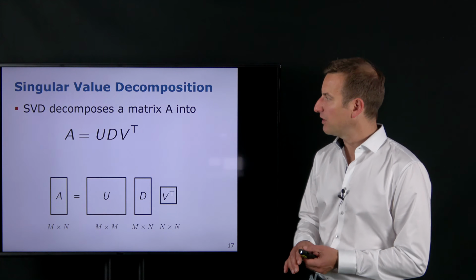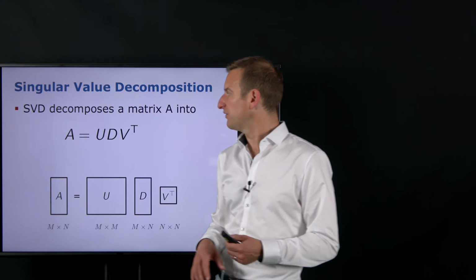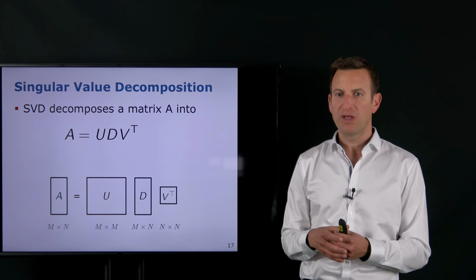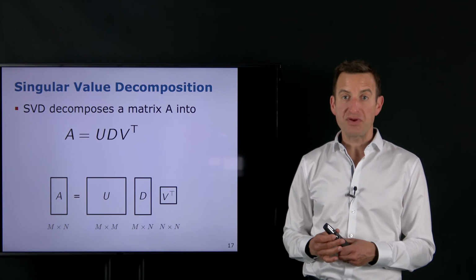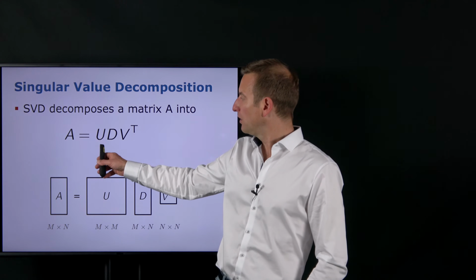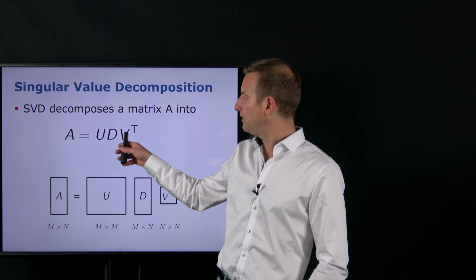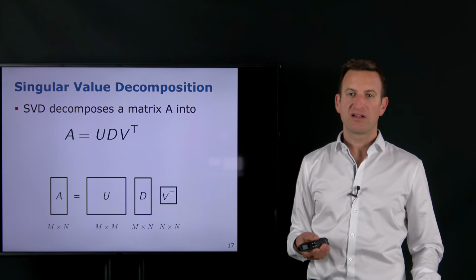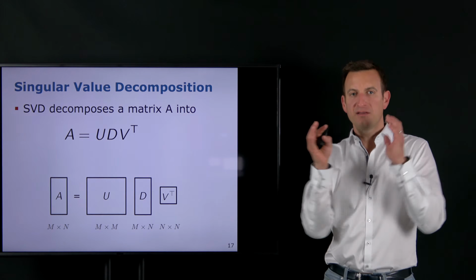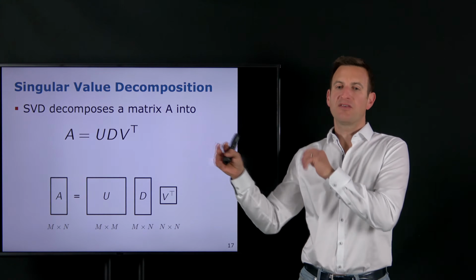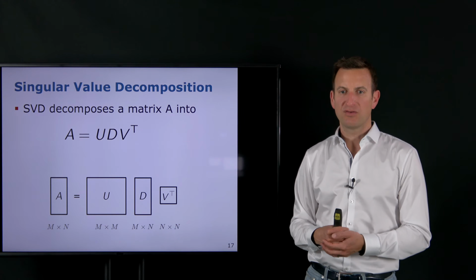What the singular value decomposition, also called SVD, does is take a matrix A as an input and decompose it into 3 matrices: a matrix U, a matrix D, and a matrix V, so that U times D times V transposed gives me exactly my matrix A. So I'm basically breaking my matrix A up into 3 different matrices.